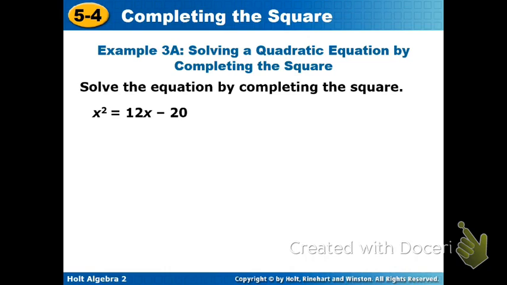Okay. The most important thing when we're working with these equations and we're going to use our method, completing the square, is that it has to be set up correctly. The problems that we just finished doing, we were given the two x terms, right? And we worked ourselves backward to find what that c value was, right?